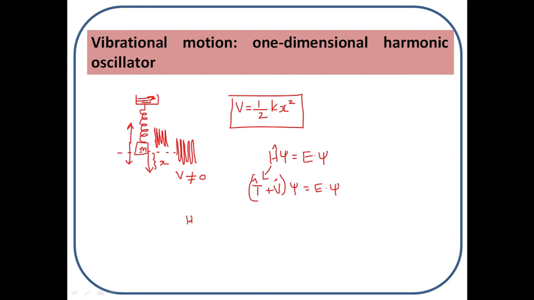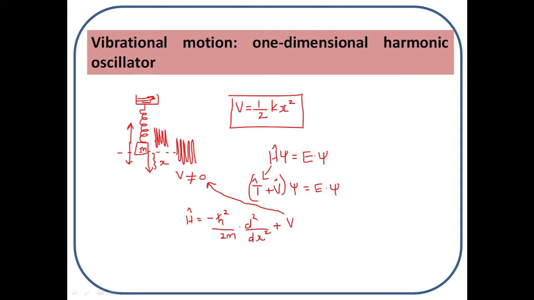Now the Hamiltonian is given by H cap is equal to minus h cut square divided by 2m into the second derivative with respect to displacement plus the potential energy. Here we have already stated that potential energy is never equal to 0. Therefore, potential has to be always considered in the Hamiltonian.